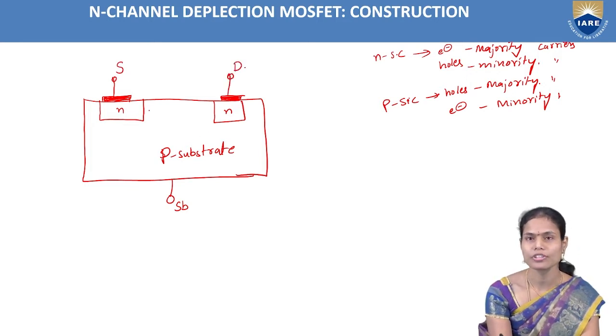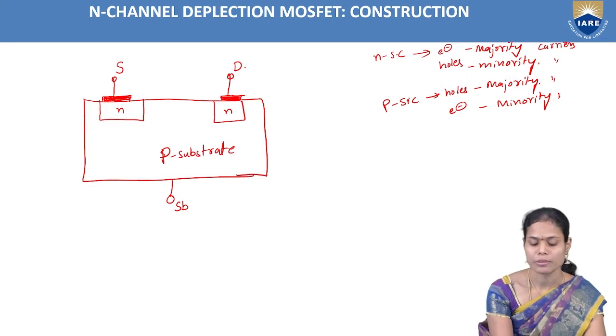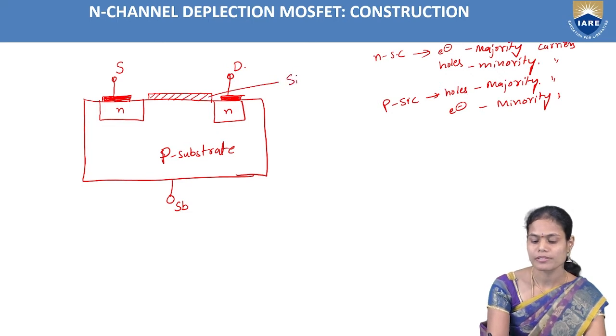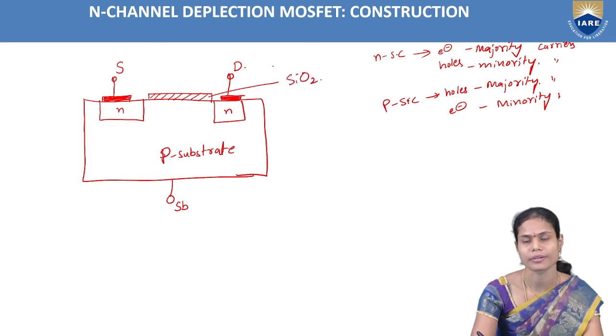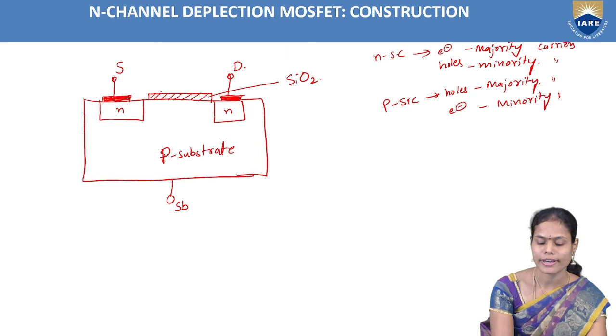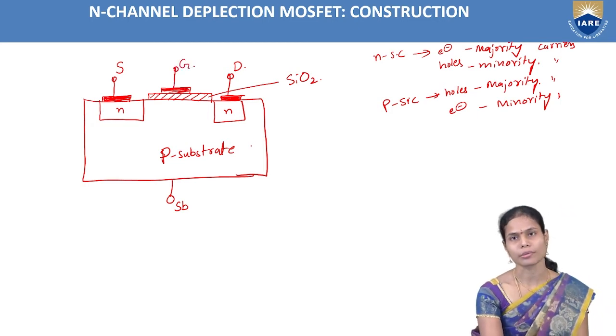In between these two N type regions, we add a layer of silicon dioxide. Upon this silicon dioxide layer, again we form a metal layer. This terminal we call the gate terminal.